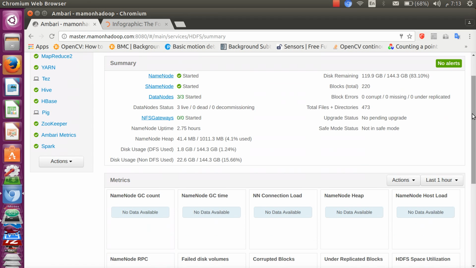A block size means that each file will be split into multiple chunks. If you have 1 gigabyte and your chunk is 100 or 128 megabytes, your file will go into about 9 blocks.